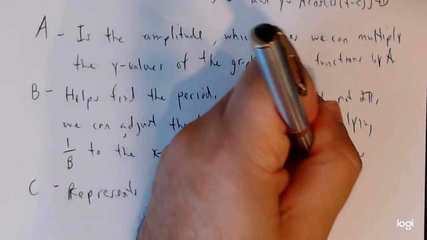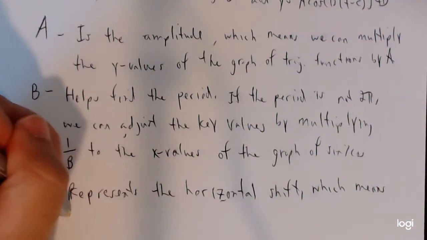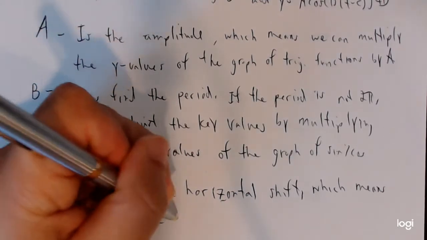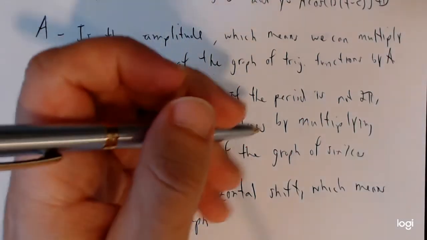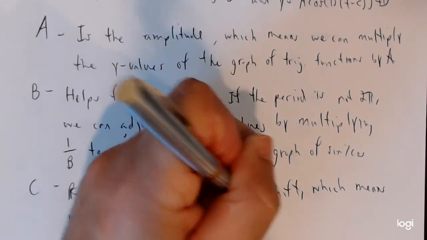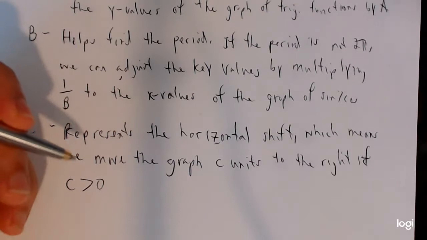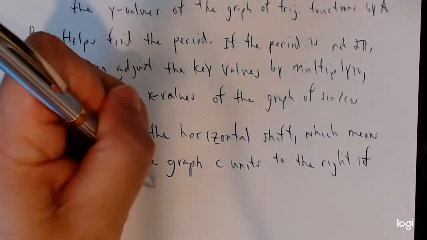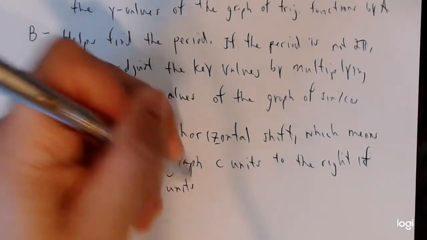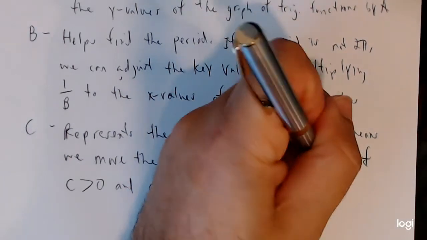Which means we move the graph c units to the right if c is greater than 0, and c units to the left if c is less than 0.